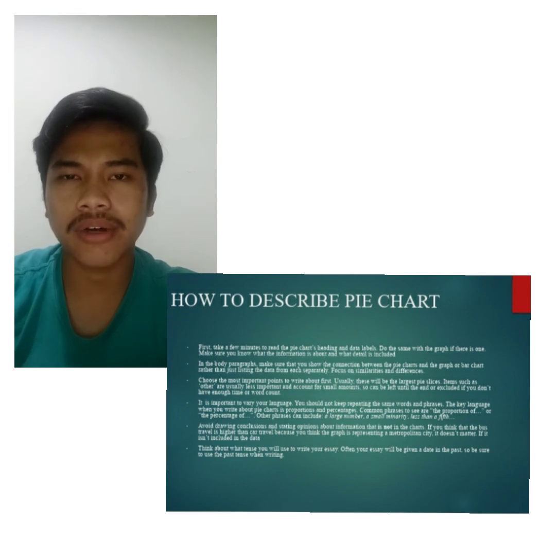Think about what tense you will use to write. Often your essay will be given a date in the past, so be sure to use the past tense when writing.